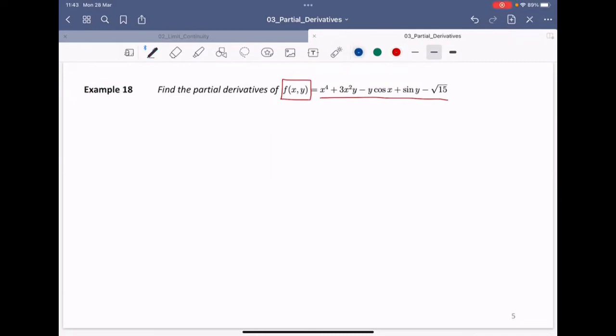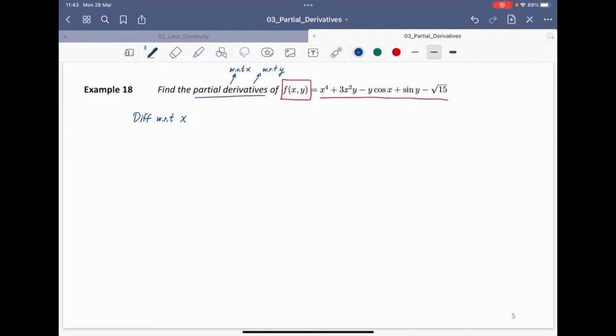First of all, I'm going to differentiate with respect to x first. When they say find the partial derivatives, it means they want you to differentiate with respect to x as one thing, and with respect to y as another thing. So let's start with respect to x first.